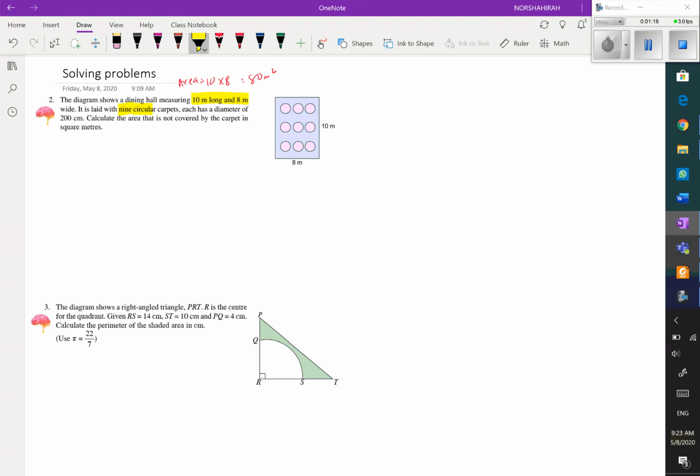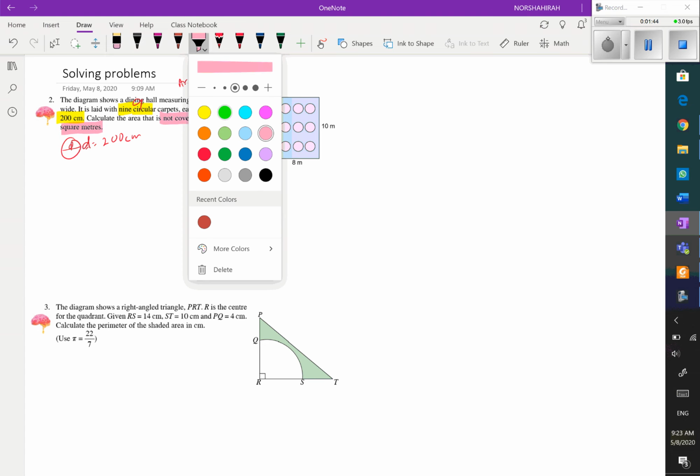Kita ada 9, yang mana setiap circle dia ada diameter 200 cm. Calculate the area that is not covered, dan area yang tak di cover, not covered in square meter.